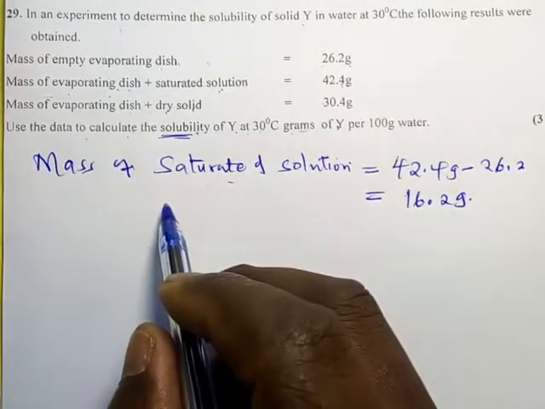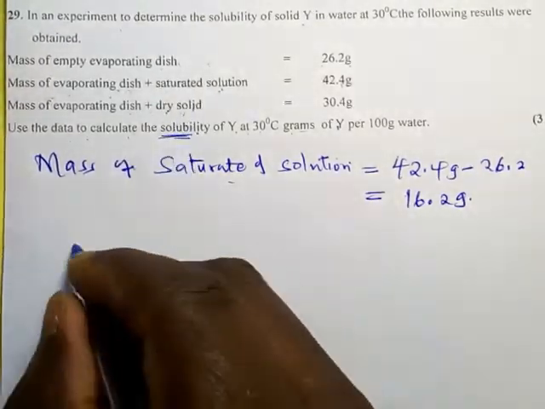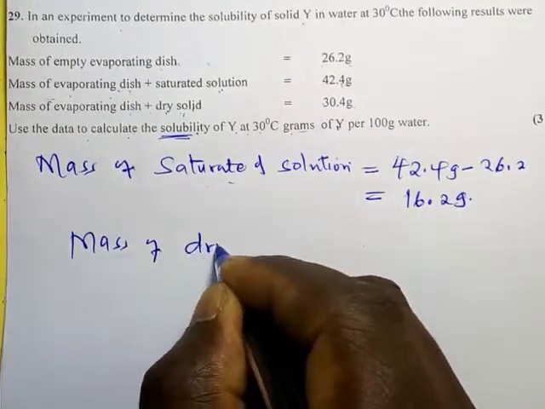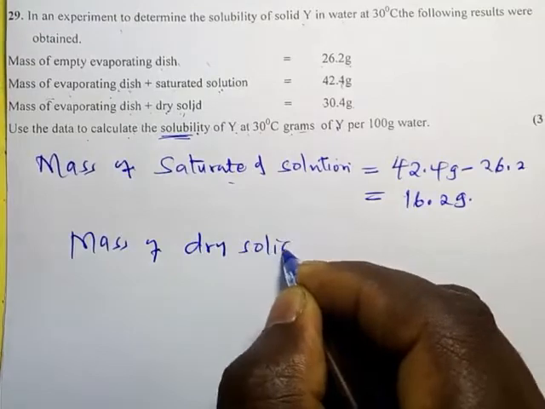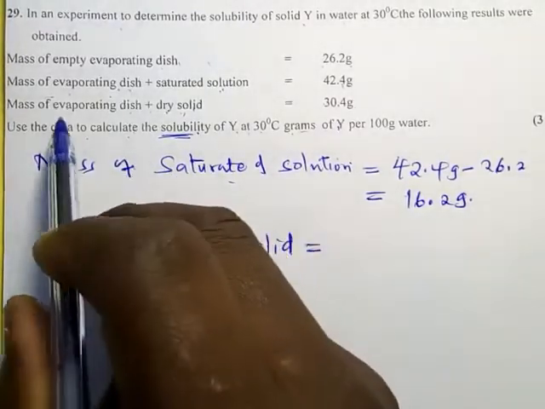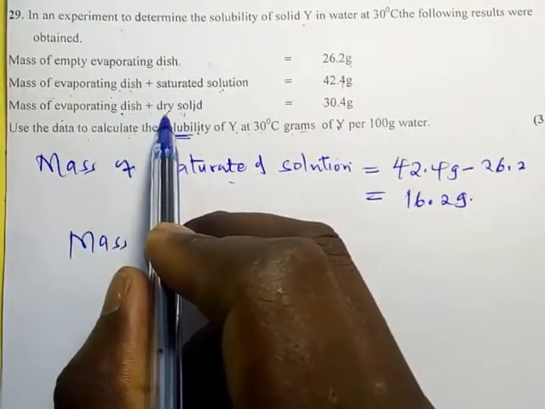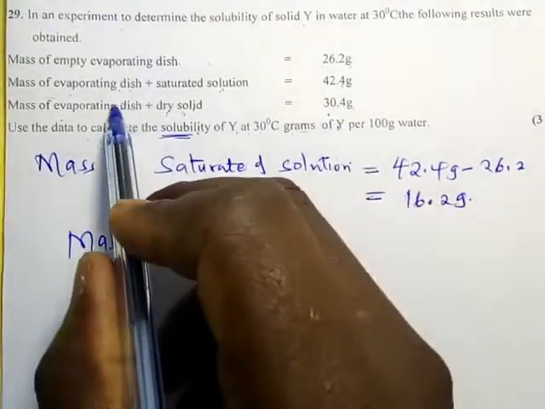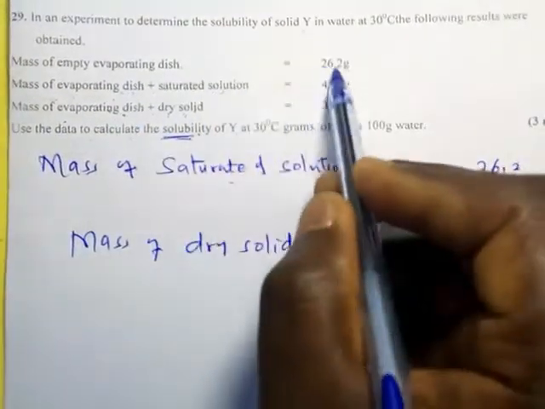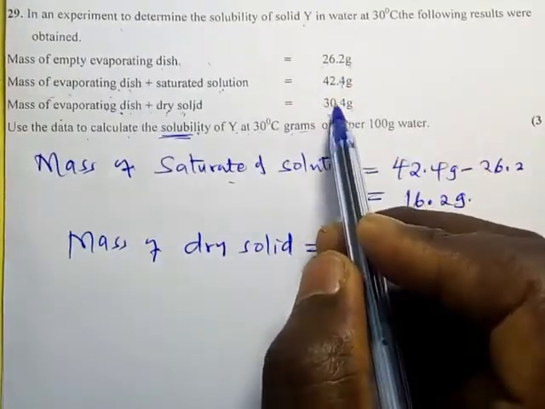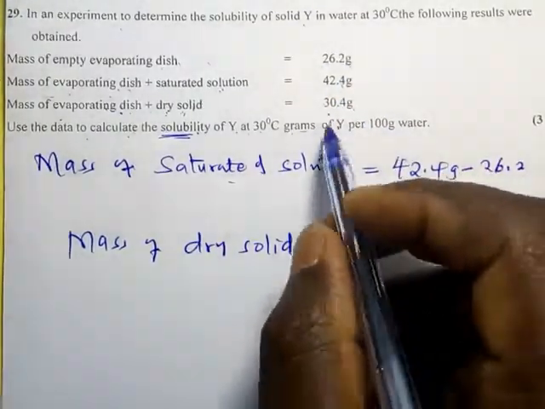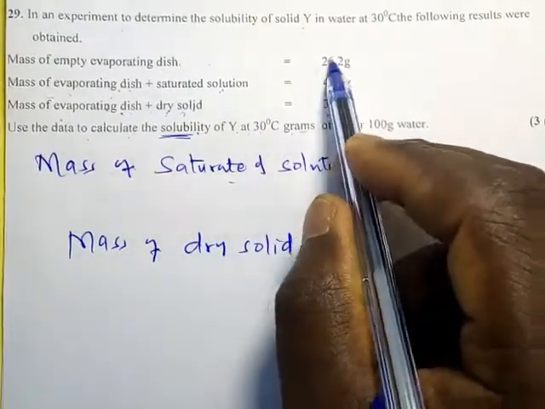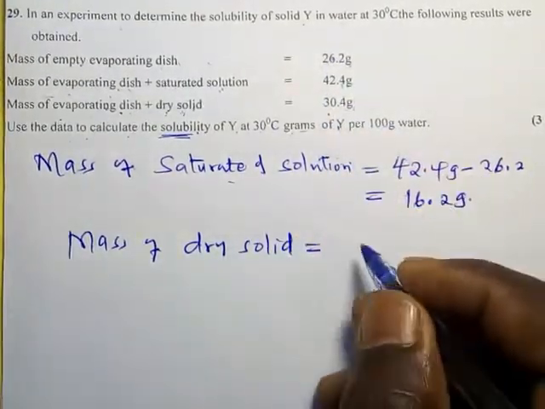Next, we want to calculate the mass of the dry solid. We have evaporating dish plus the dry solid equal to 30.4, but we know the empty evaporating dish is 26.2. So this total subtract 26.2 will give us the mass of the solid alone.